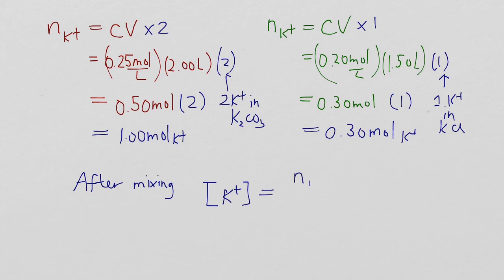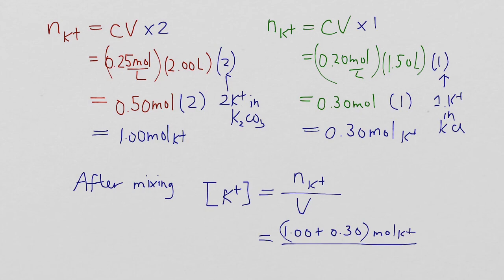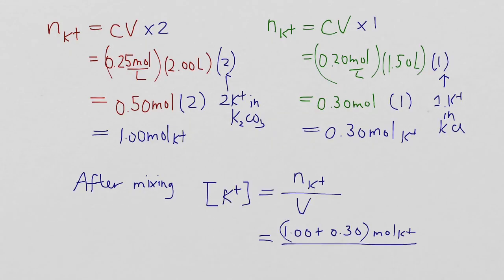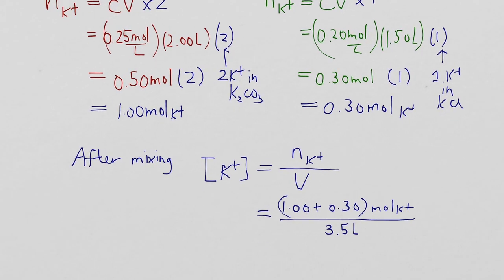The total moles divided by the total volume at the end, which is 1.00 plus 0.3 moles of potassium ion, divided by the final solution volume of 3.5 liters, equals 0.37.